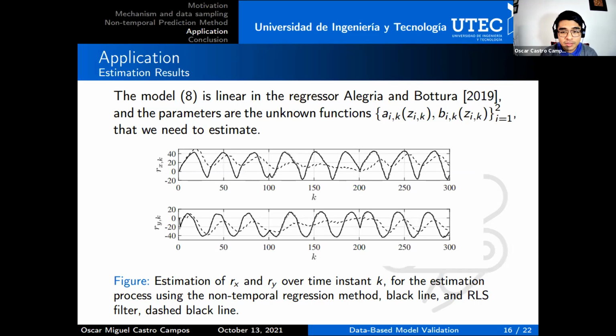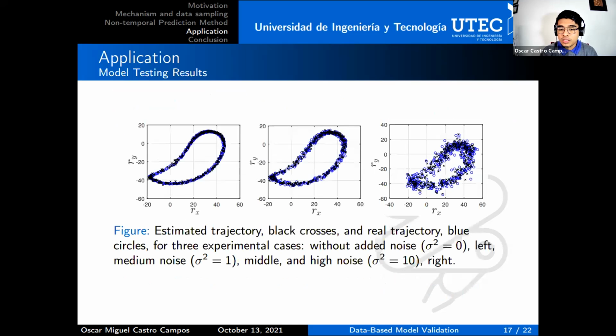We can see that the non-temporal regression method has a fast convergence and achieves good traceability compared with the recursive least square filter, which cannot trace the variation of the model output. To see the trajectory, we made this graphic.